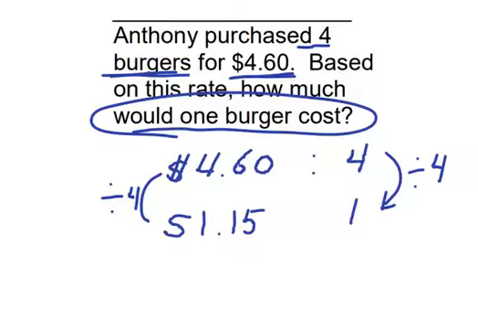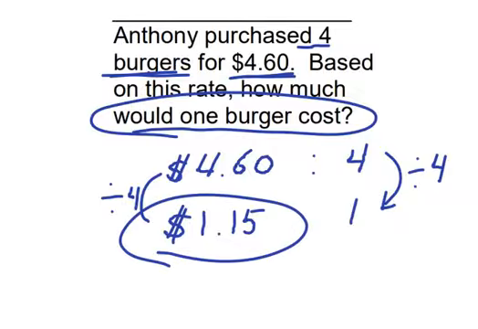So, wow, that was a mess a little bit, but it's going to be $1.15 per burger. So that's how much it is per burger. If you get 4 burgers for $4.60, you're going to get 1 burger for $1.15. So that would be the answer for that problem.